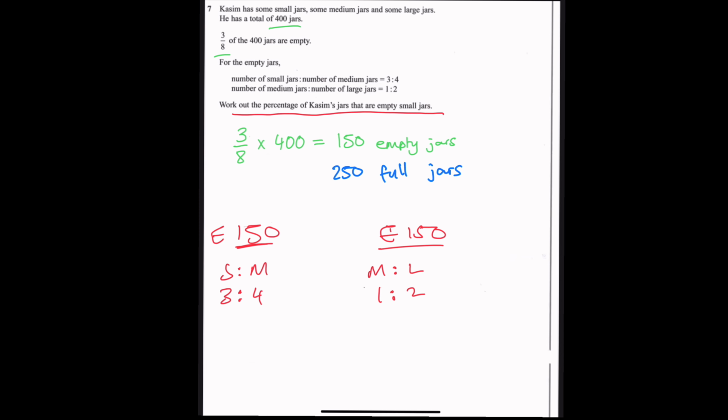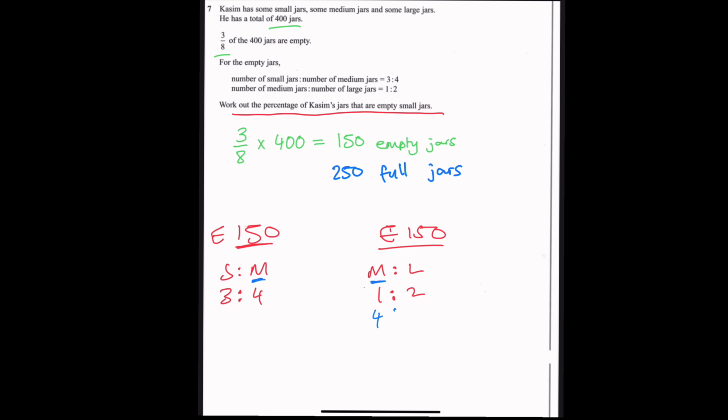Okay, cool. So first, I need to combine these two ratios together. To combine two ratios together, I need to identify which variable appears in both. And here I have medium jars in both of these ratios. Okay, so now I've identified that medium is in both. I need these numbers to be the same in both. So I'm going to times this by 4.